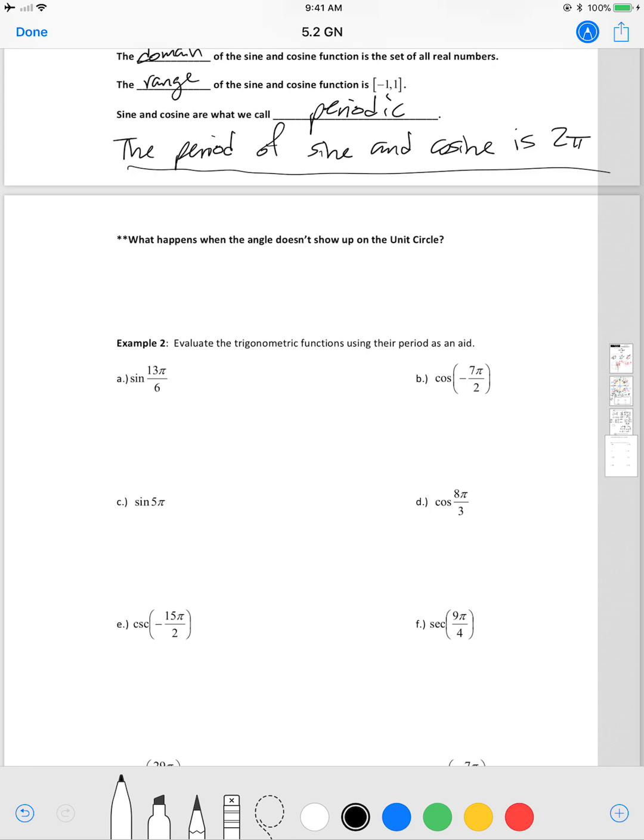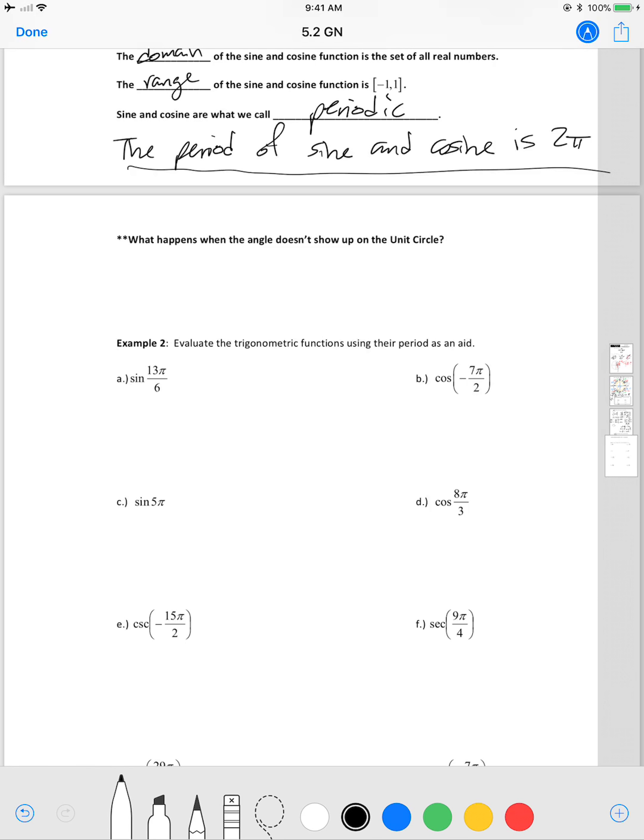What happens when the angle doesn't show up on the unit circle? Okay. So this is all nice. We just looked at how we can evaluate the functions for certain angles. But those angles were all one of our special points: 30 degrees, 60 degrees, 45 degrees, or if we continue adding one of those numbers.